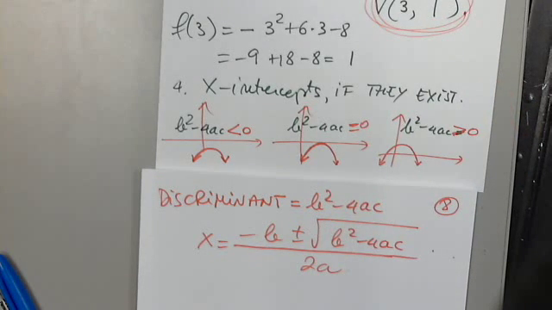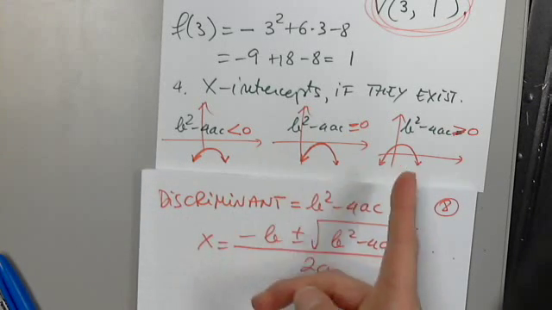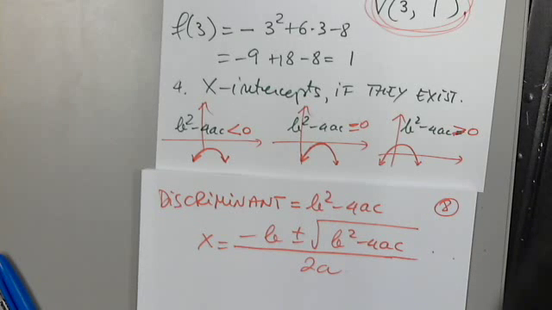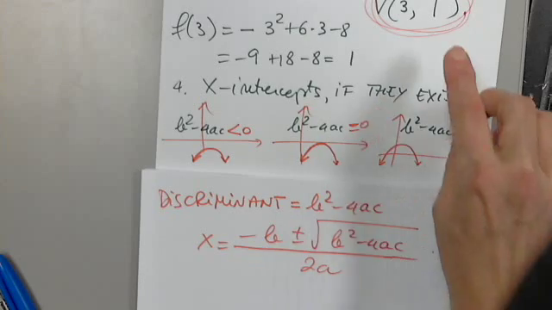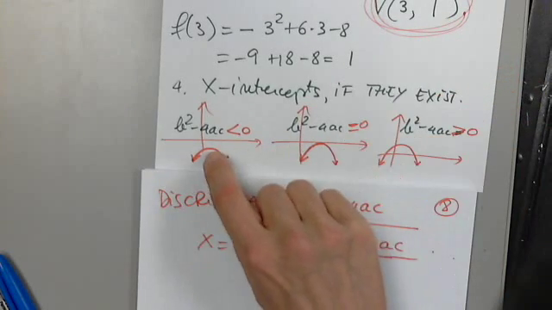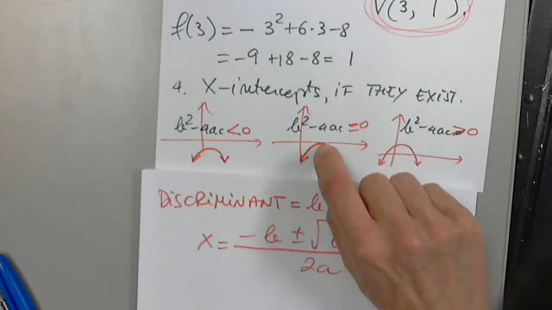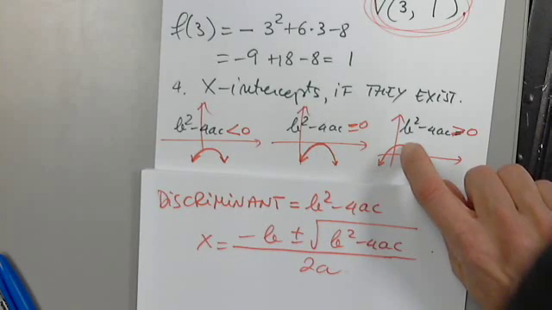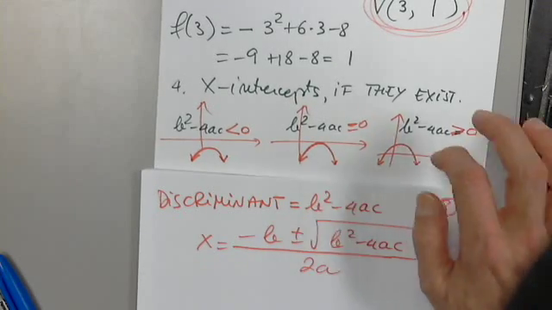This number tells us whether there are x-intercepts or not. So is it number 1, number 2, or number 3? Exactly. Because the maximum value is not a negative number. It's not 0, but a positive number. So it must be number 3.